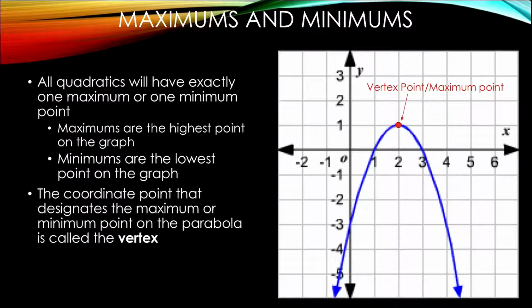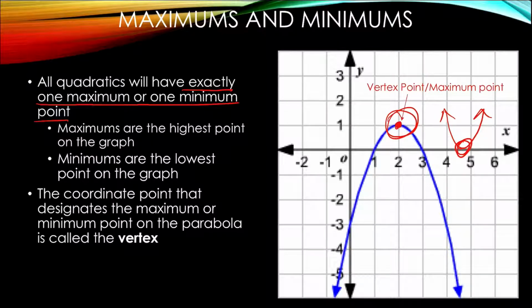Okay, so maximums and minimums. All quadratics will have exactly one maximum or minimum point. The maximum point is the biggest point here. If it was flipped upside down, I'd have a minimum point, that bottom point.